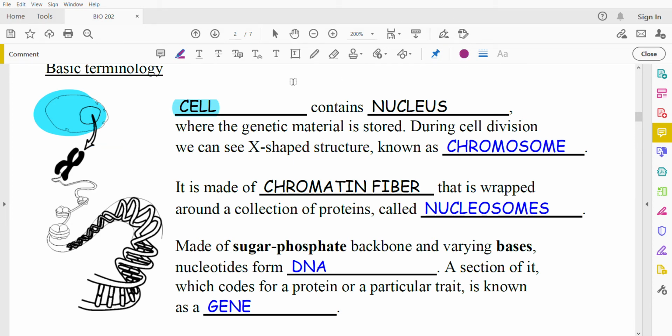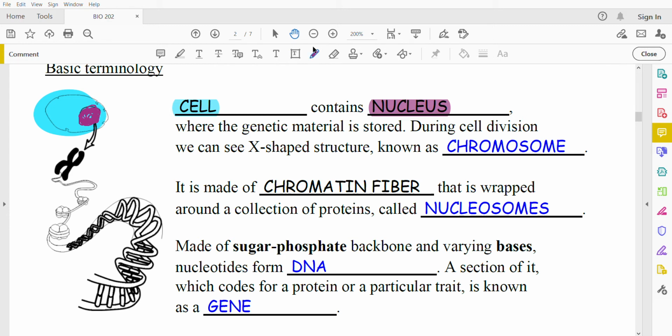Next, within the cell, we see the nucleus. The nucleus is where all the genetic material of the cell is housed. So that's the reason why we are going to be focusing on that.